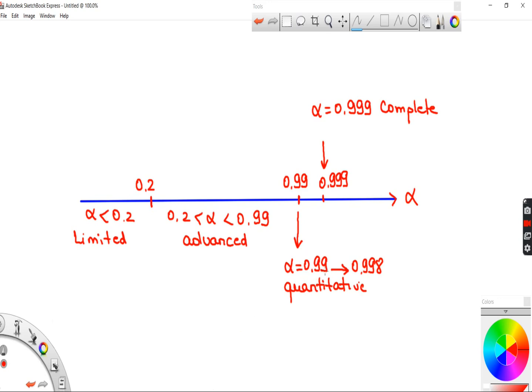And since alpha 0.99 is close to alpha 0.999, for this reaction, in some books, they don't make the difference between complete and quantitative. They say that the reaction is complete and quantitative, as for example, in college in grade 12. How to know the domain of quantitativity of a certain reaction?